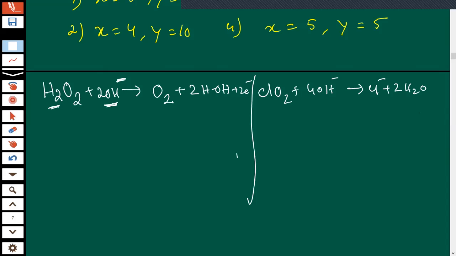That's why I decided you do 4 water molecules like this. So 4 hydrogen came, right? What did we get extra? OH. So write down this 4 OH minus extra over here. So this is the technique you have to follow.